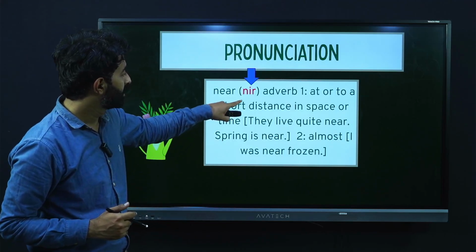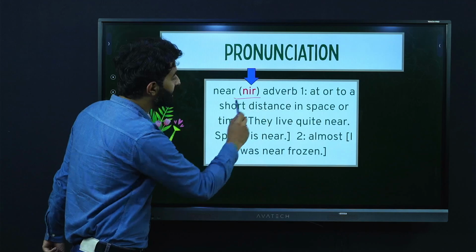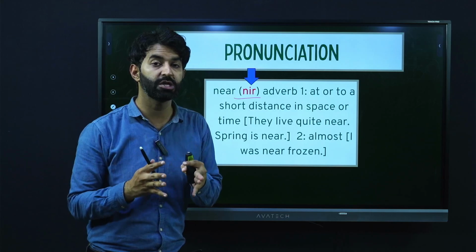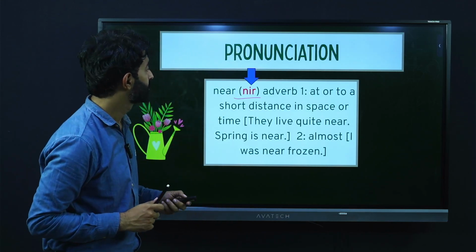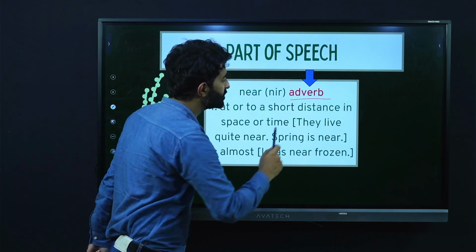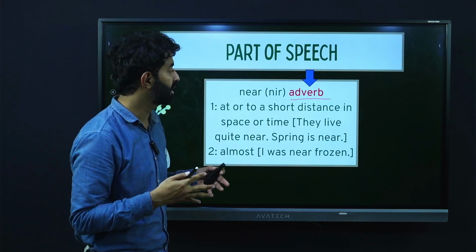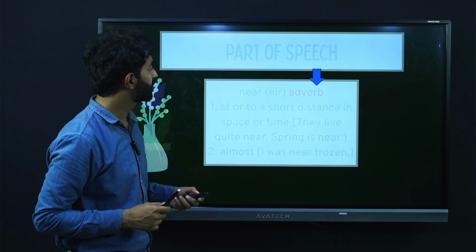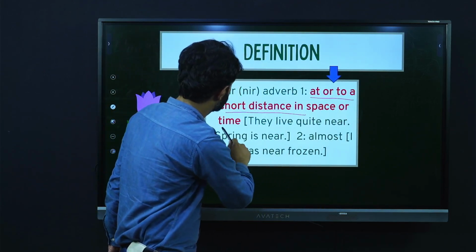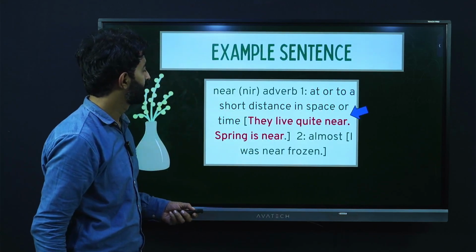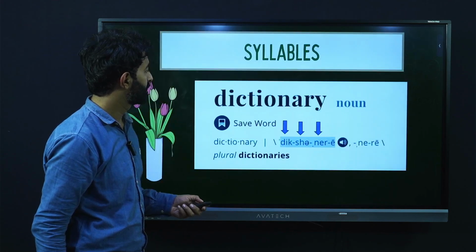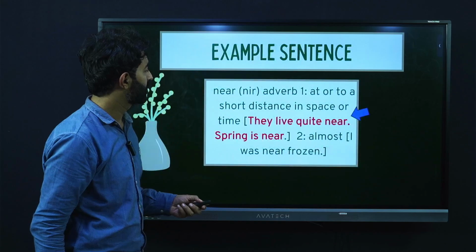Now, you can see that this highlighted part right after the word is your pronunciation key. Here you can see the part of speech that it falls under, your definition, and example.